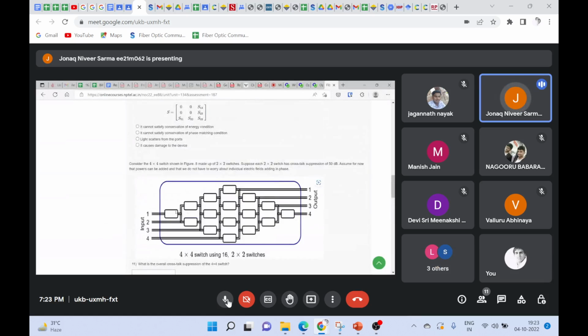In this, the way to go about it is just find a path. If you want to send the signal from 1 to 1, the switch will look like this. Wait, I'll share the whole thing next time.